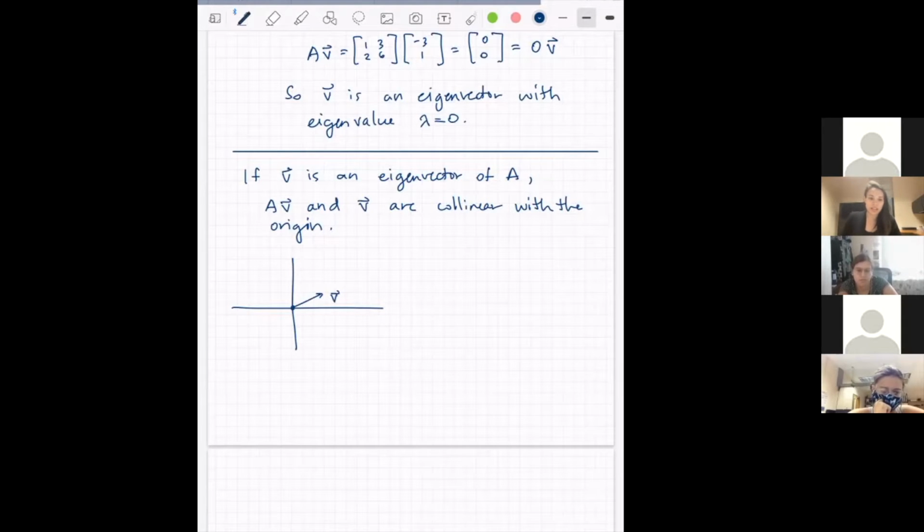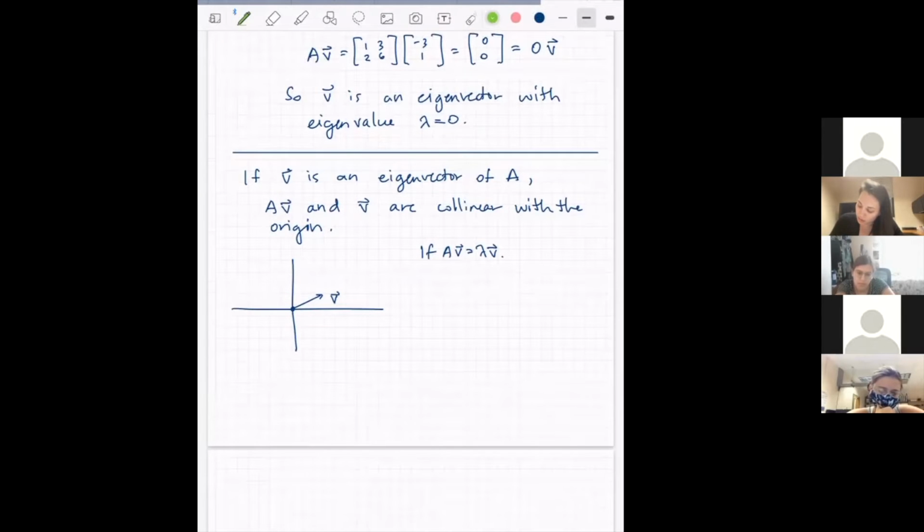Now, if A times v is equal to lambda v, then A times v will be some scalar multiple of v, so it'll be somewhere along this line through v, meaning that it is collinear. So if we were to draw a line through all of them, the origin, v and A times v are all collinear, right?